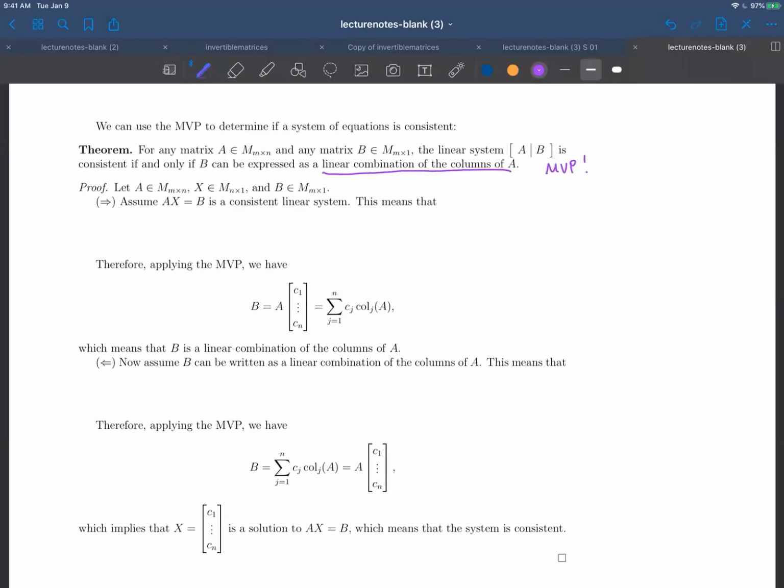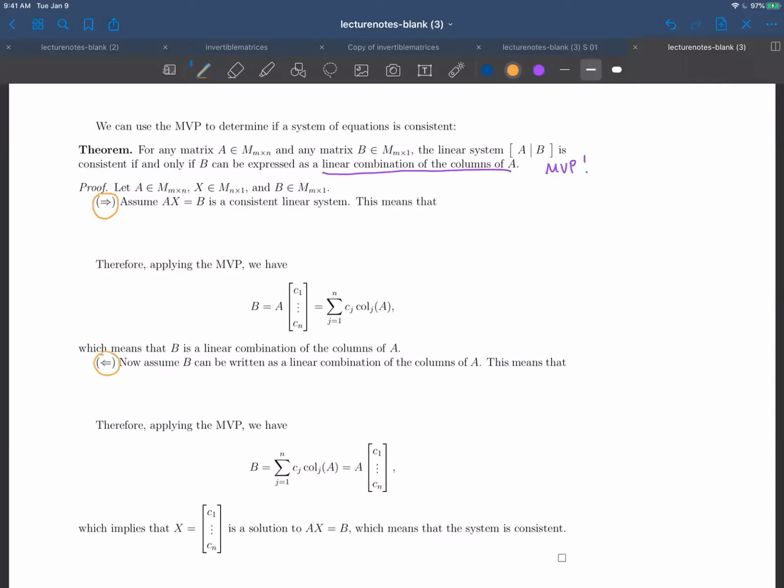So let's go through this proof, and I'll highlight some of the big pictures before we get into the details. Of course, our first line tells us what size matrices we're working with. I've introduced the matrix X so that I can have the vector of variables to do matrix multiplication with. And I see that I've got these two arrows in my proof.